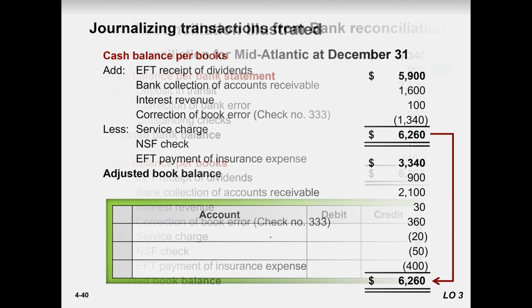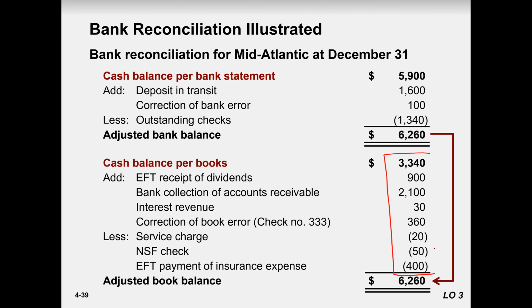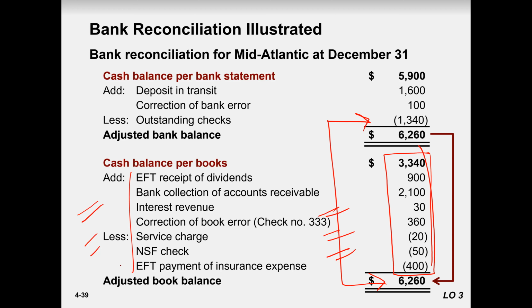All right, and at the end you take this side. Remember, bank and book balance must be equal, and when they are equal, then all those missing items that you write down here, you must make the entry.